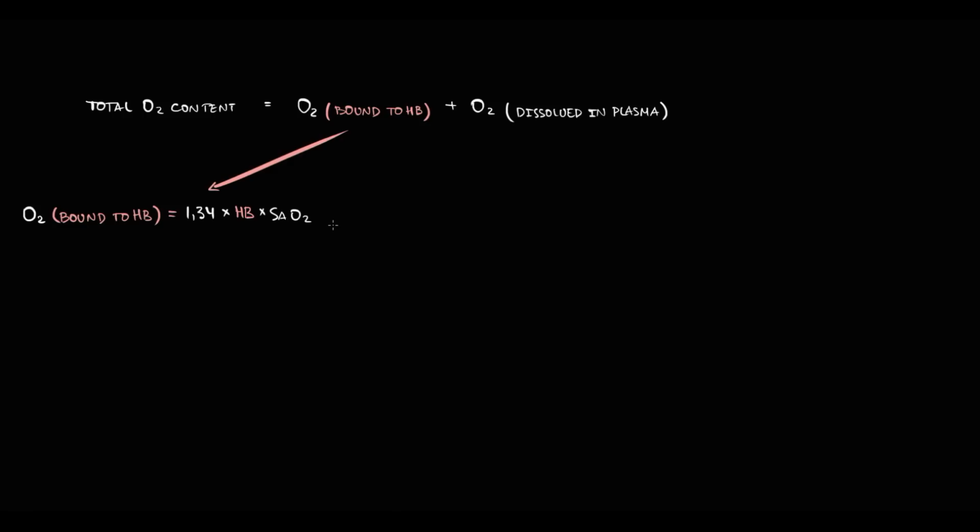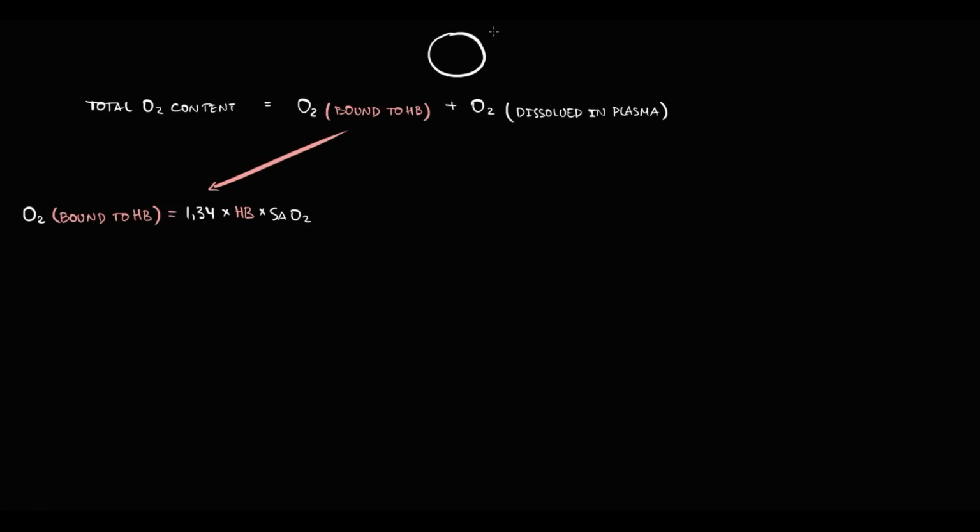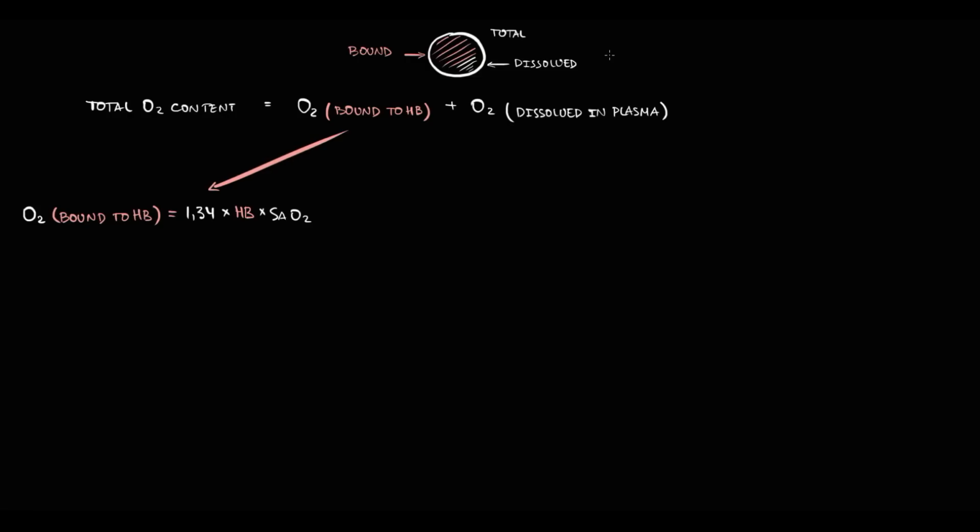And the sad part is that you have to know how and why we calculate bound oxygen. Because if we take total oxygen, the bound part is basically 99%. So most oxygen molecules are transported in the bound form.